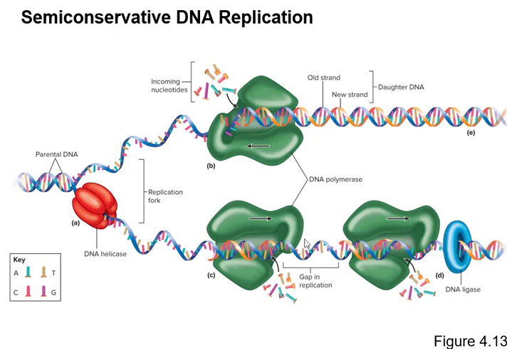And then going in the opposite direction on the other strand, you also have an enzyme that is replicating the DNA, making a second copy. So you're going to start out with one double strand, and you're going to end up with two identical double strands if everything goes well.